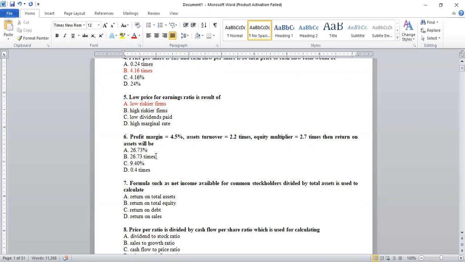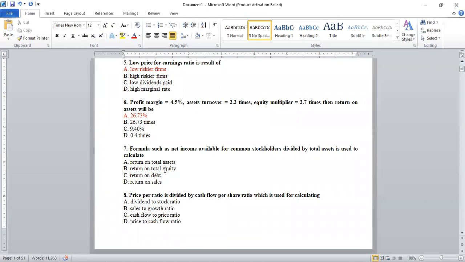Here the right answer is A, and this is obtained by 4.5 times 2.2, then multiplied by 2.7. This is how we can calculate it.